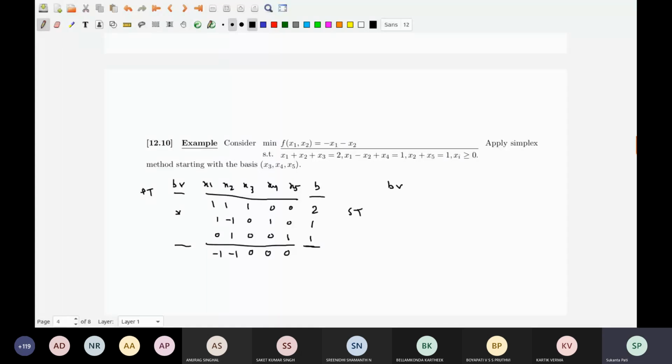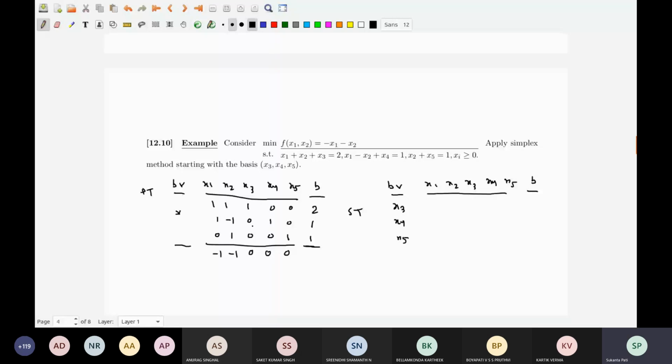You have to do the same thing, x1 x2 x3 x4 x5. For understanding, I am repeating this, but you really do not have to repeat once you understand what you are going to do. So first I will write x3 x4 x5. Then I will write the whole matrix over here, and B here, and I will ensure that the column below x3, the first basic variable, looks like 1 0 0, which is already the case.